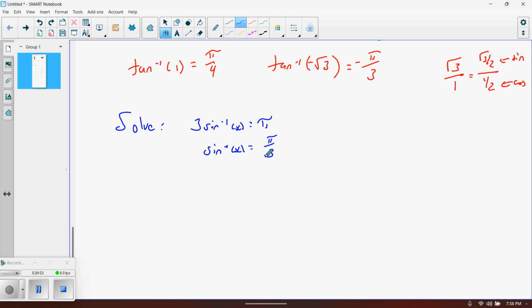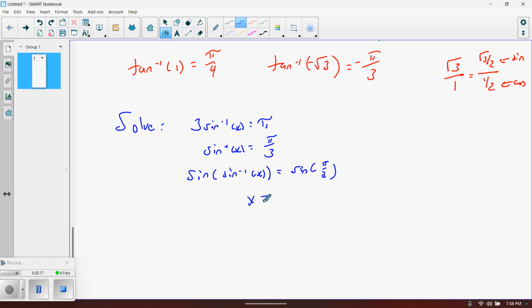And then to actually solve for x, you can take the sine of both sides of this so that we can get the x out of the argument. So the left side, sine of sine inverse of x, is just going to give us x.